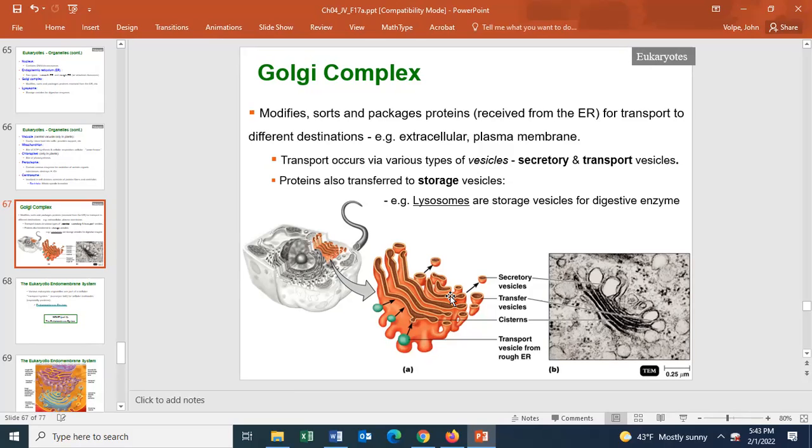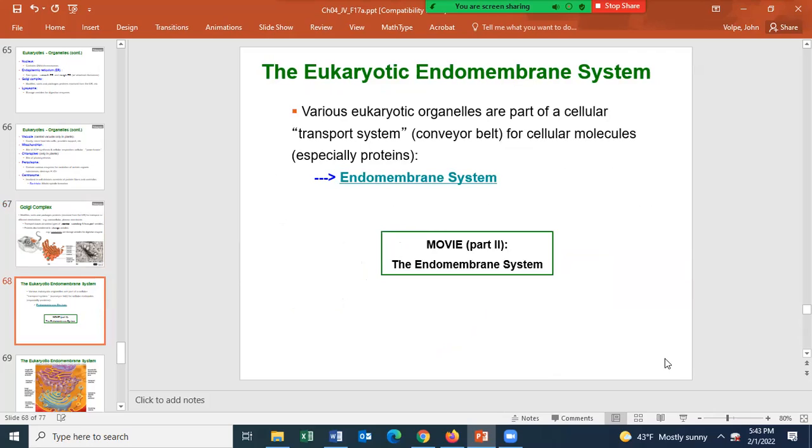Any question about any of that? So in eukaryotic cells, we have an endomembrane system. And this involves the transport of different molecules by the cell, especially proteins. Any question about any of that?